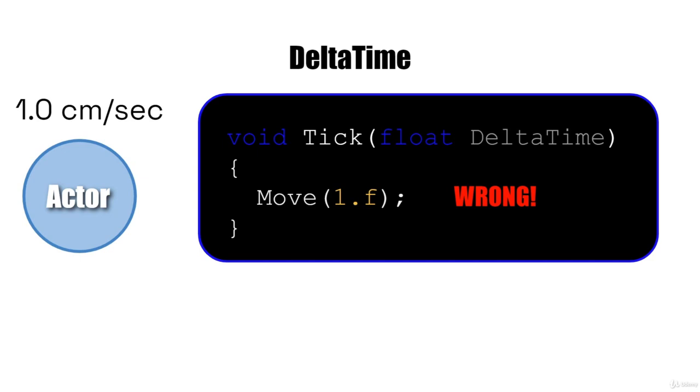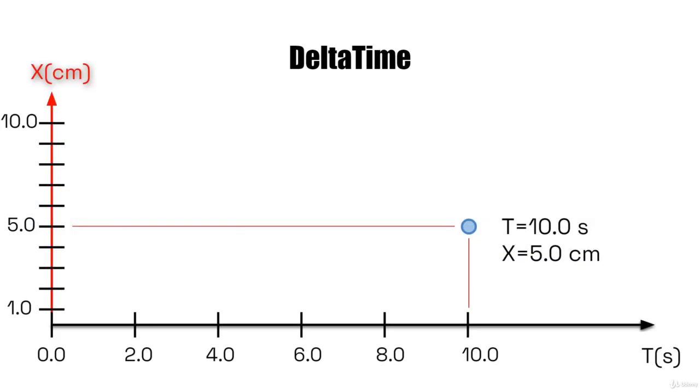What you should do instead is take your desired movement rate and multiply it by delta time. This will scale the movement rate by exactly the amount that you need to move your actor by the desired movement rate. For example, when our delta time changed to 2 seconds, we found that by updating the X location half the number of times, our actor only moved half the distance it needed to move.